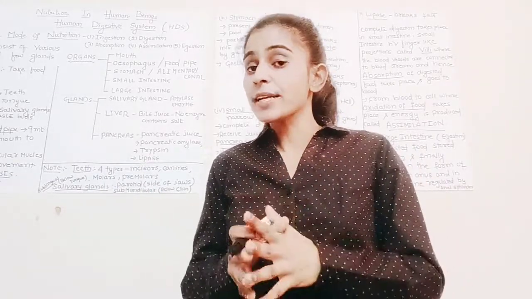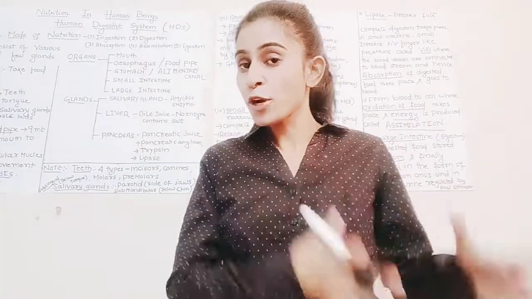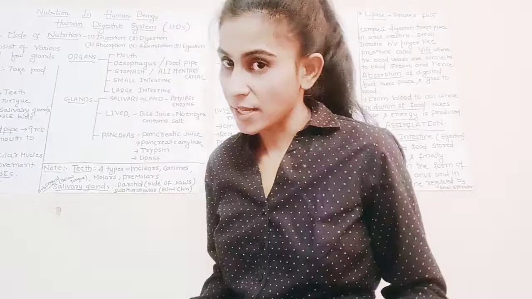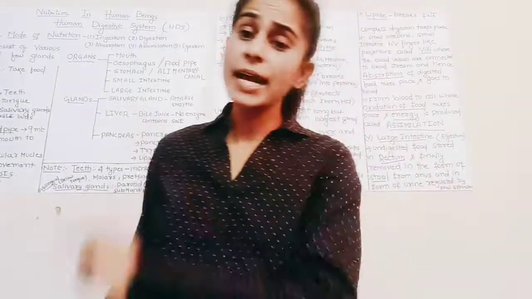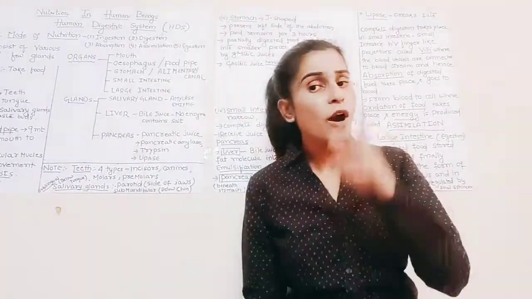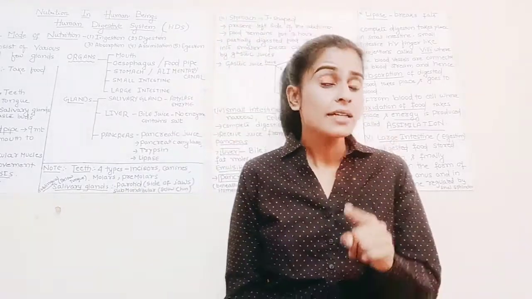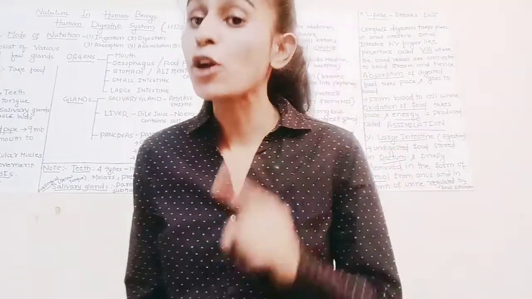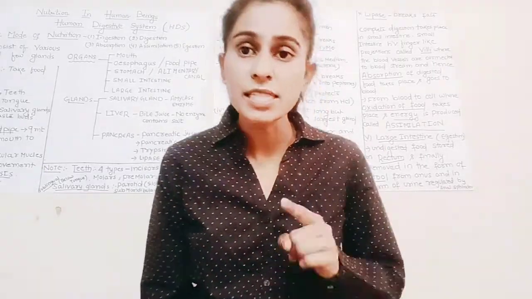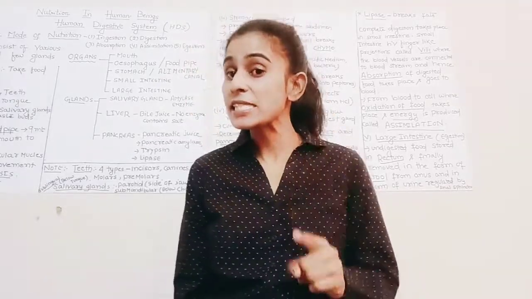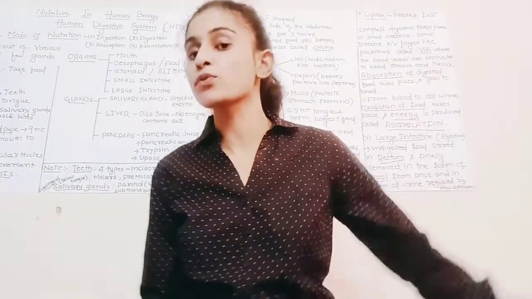Now, after interacting with all these juices, the partially digested food becomes fully digested molecules. Now here comes the absorption process. Our small intestine has finger-like projections called villi, V-I-L-L-I, and the blood vessels of these villi are directly connected to the cells of the body.